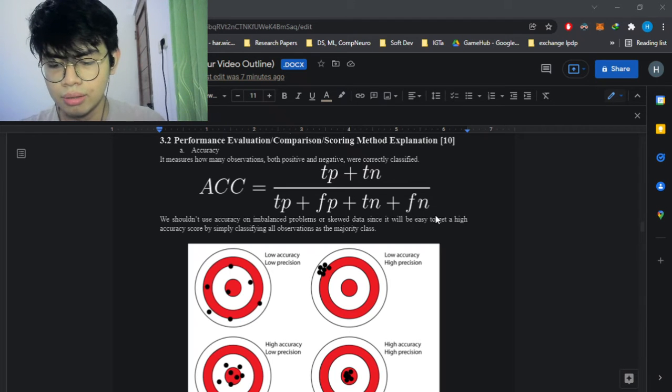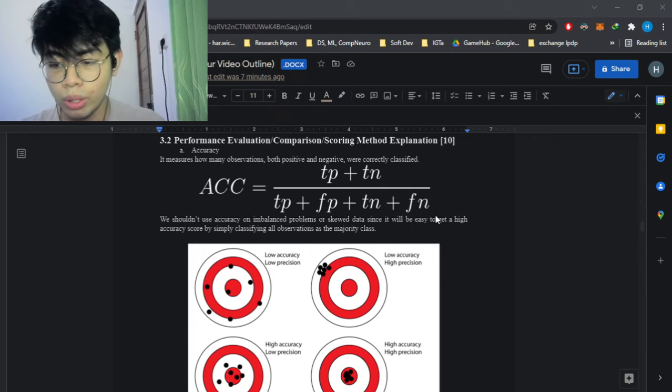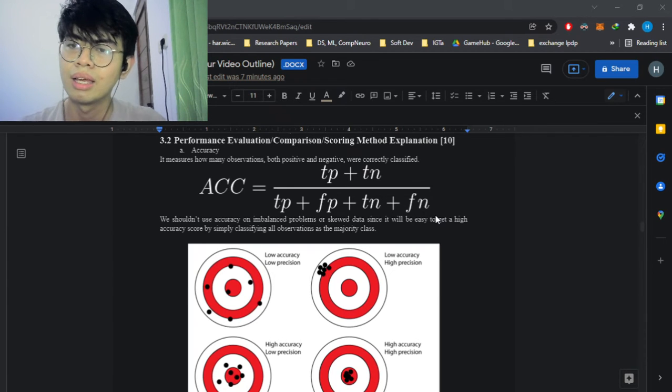In our data set for breast cancer detection, it is actually imbalanced, but not that imbalanced to the point where we have to apply measures to mitigate the imbalance.